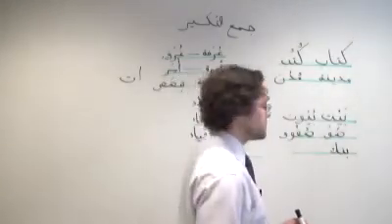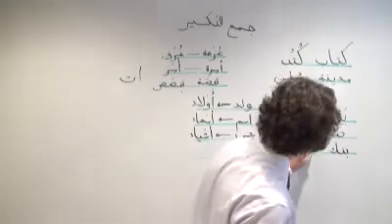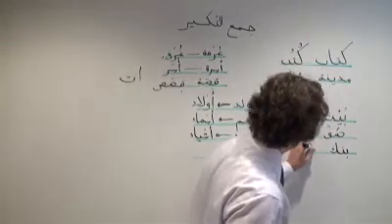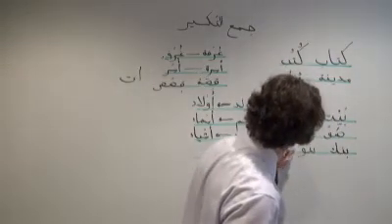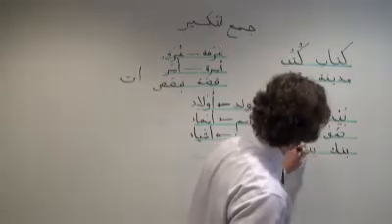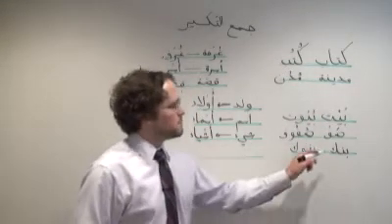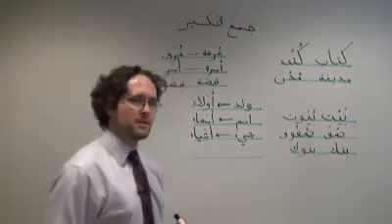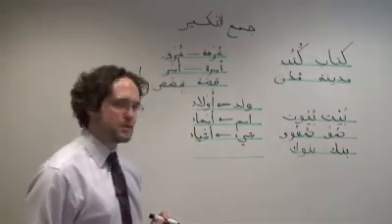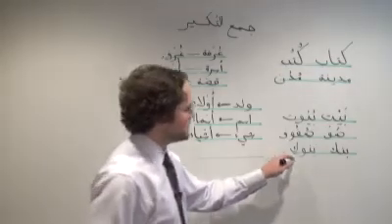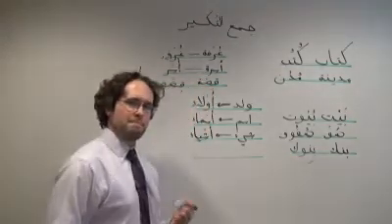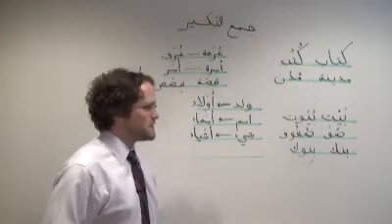Or bank, as in bank in English. If we want to talk about more than one bank, we refer to a group of bunuk. Bank is a loan word from some European language, but the plural is Arabized. It's a broken plural.